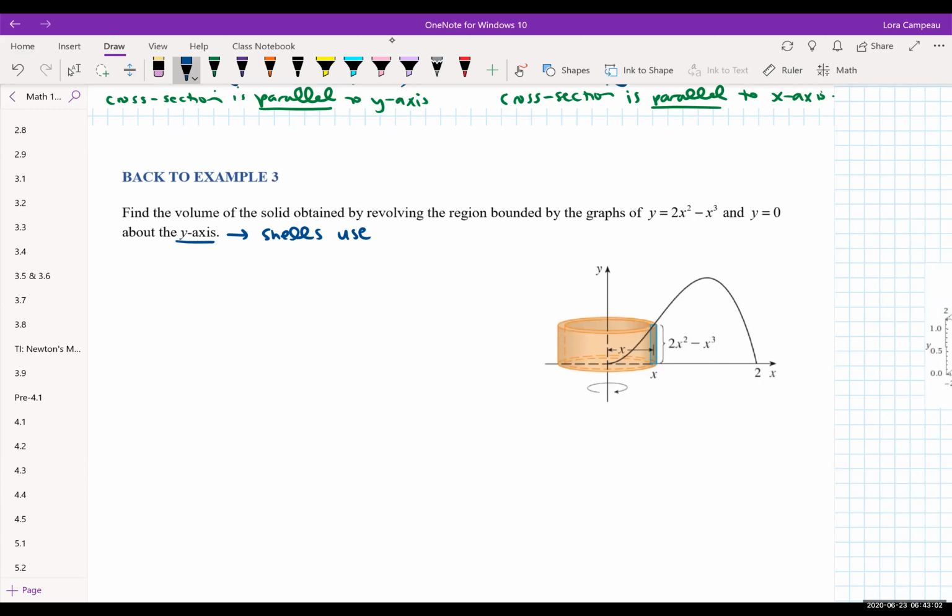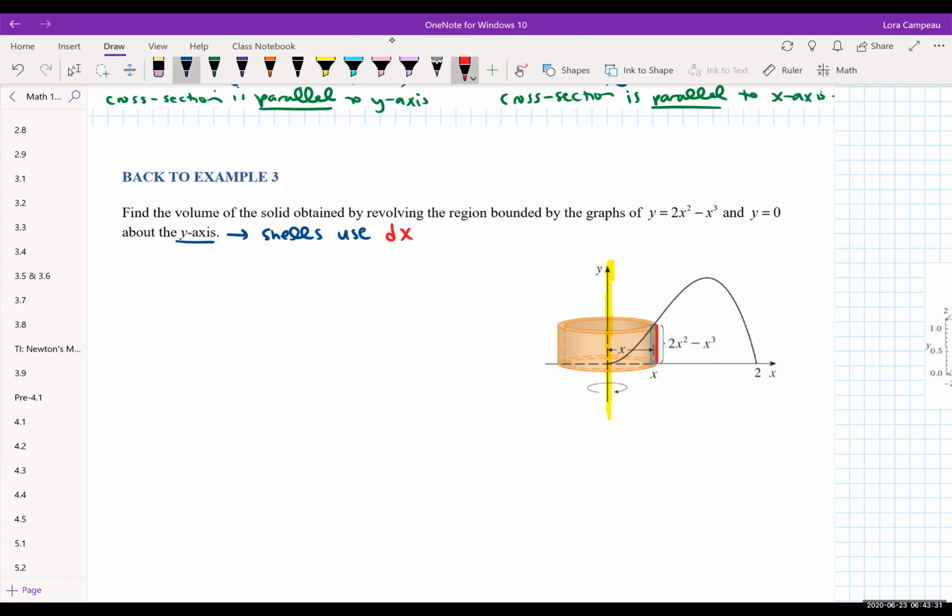With the shells, we're going to be using what's parallel. So you're thinking, well, what's the y-axis? We're revolving around here. I'll highlight that for you. And so your cross section has to be parallel. So you're thinking, what axis are we slicing up? We're slicing up the x-axis, so we're going to use delta x.